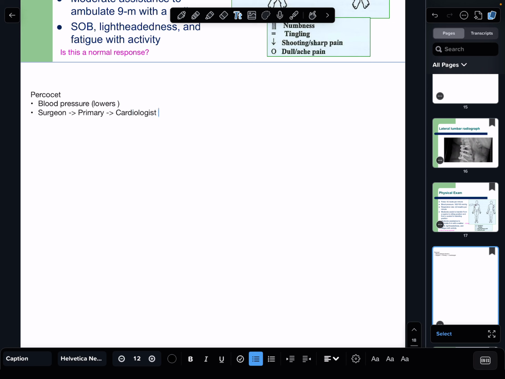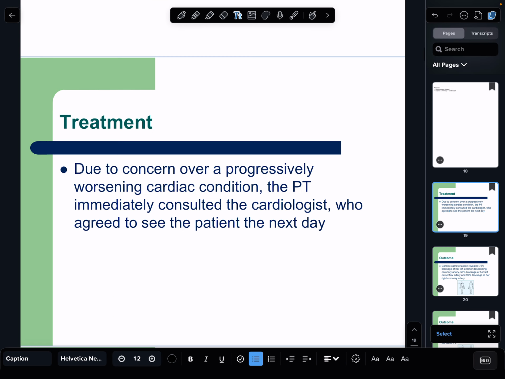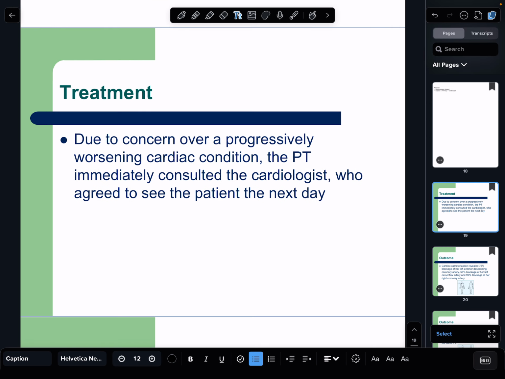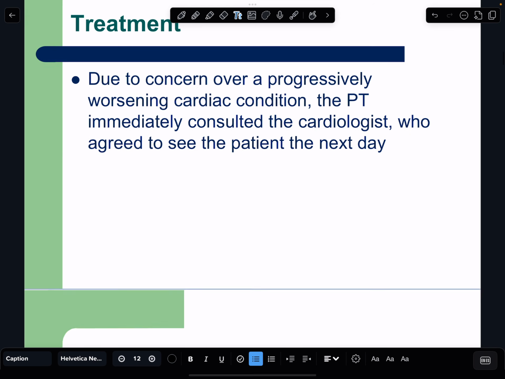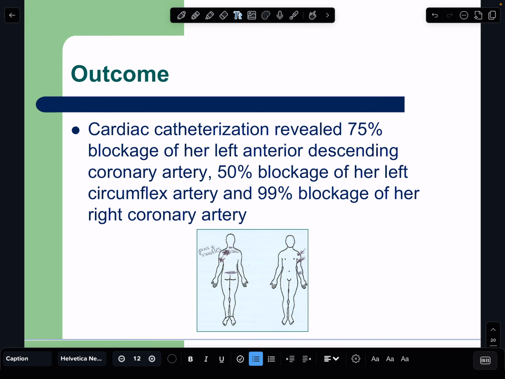The cardiologist worked her up, and the workup was a lot more complicated than I'm putting here, but cardiac catheterization was also done. She had severe stenosis of at least three major vessels in her heart.